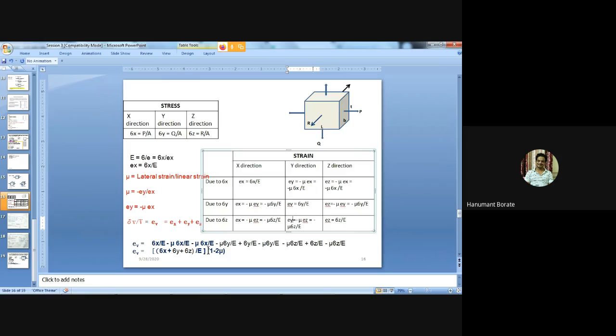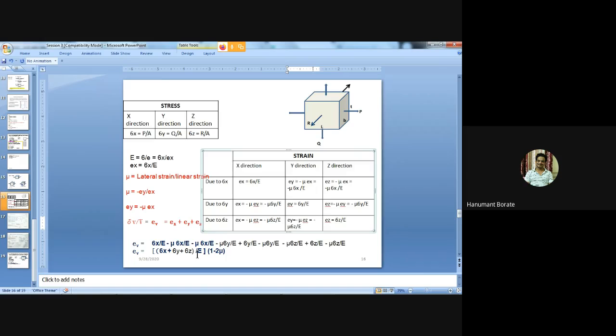If stress is applied in one direction, maybe the x direction, y direction or z direction, we need to keep the other stresses 0. Suppose stress is applied in the y direction only, and not in the z and x directions, just put sigma z equal to 0 and sigma x equal to 0. You will get the volumetric strain.